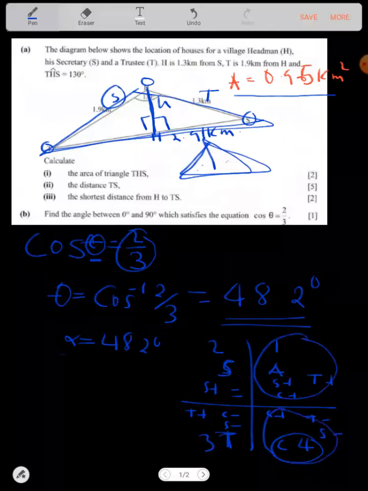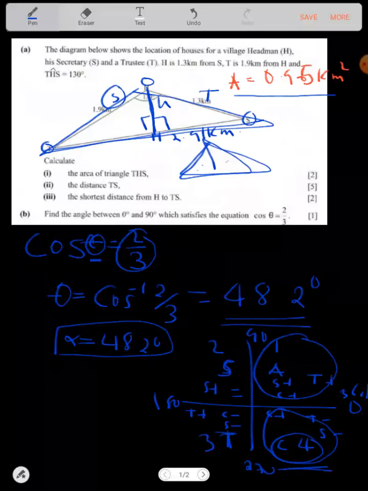So you have found this angle. You can say this angle is between 0 and 90, this is 270, this is 180, and 360 or 0. So we need to find this angle here. How do you find this angle? To find another angle in this fourth quadrant, you subtract your reference angle from 360.